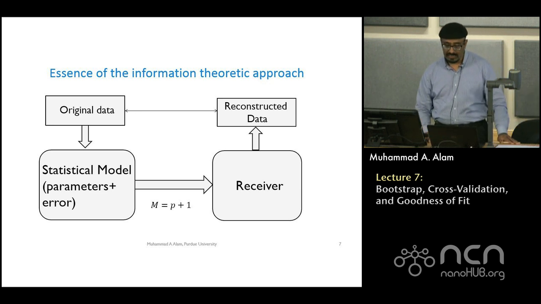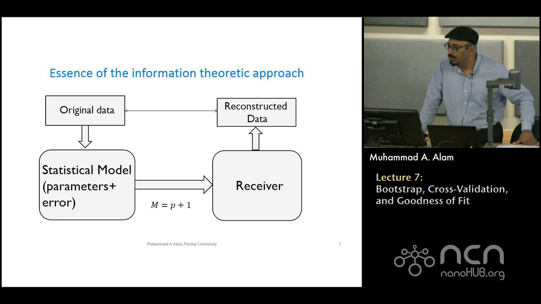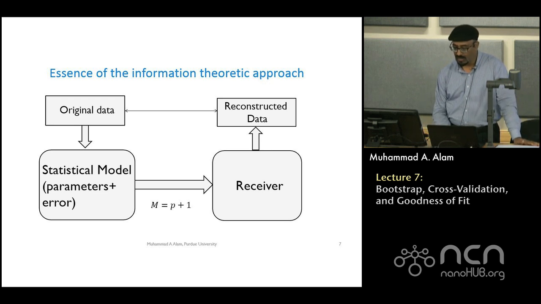The question is, how closely can that person reconstruct my original experiment? The closer they can do it with this minimum amount of transmission, that is what the most efficient information transfer would be. So all these three models, adjusted R-square, AIC, and all these models rely on this principle.